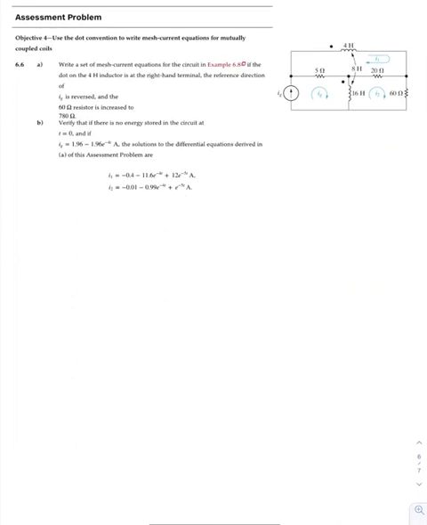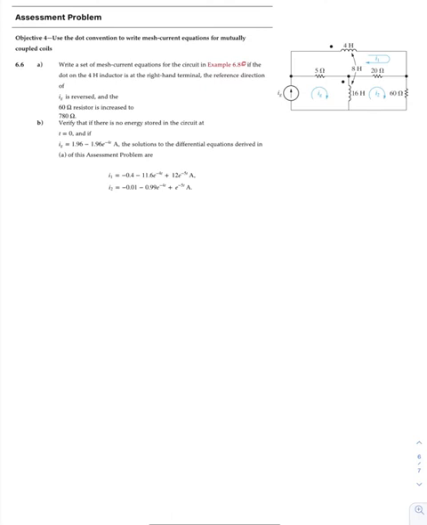Assessment problem 6 is very similar to the example problem, but instead of verifying by plugging in, we are actually going to satisfy the differential equations derived.